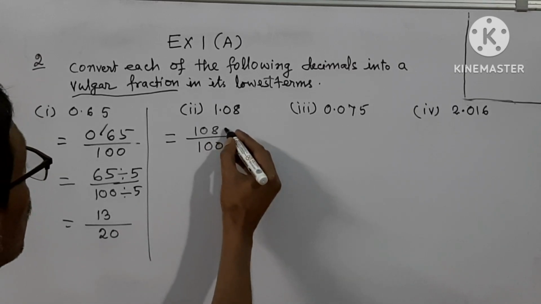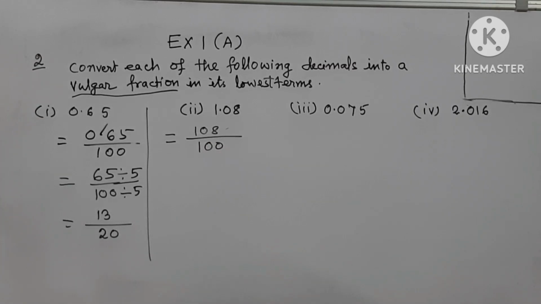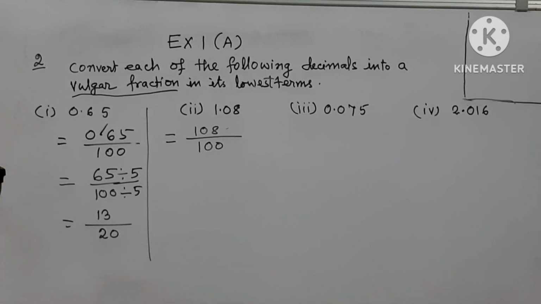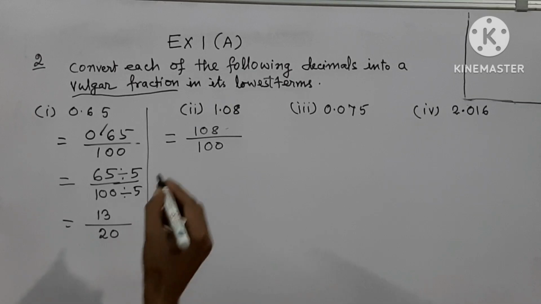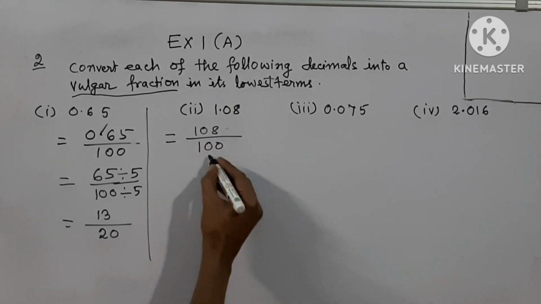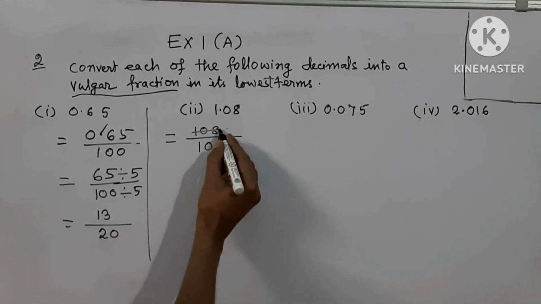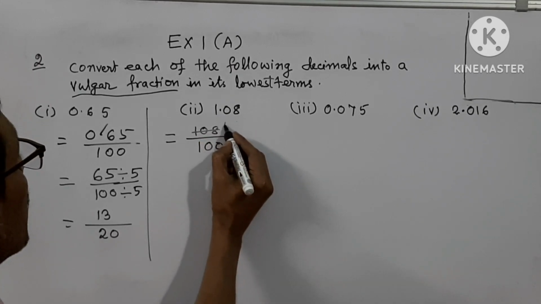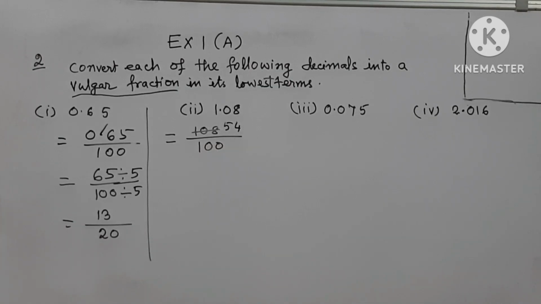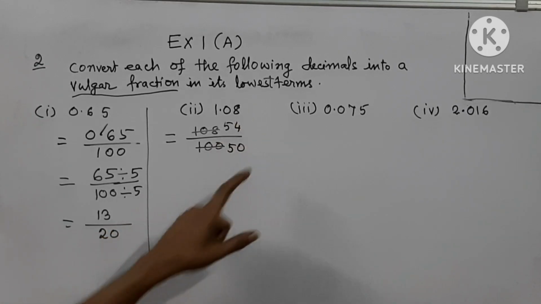So now what will be the common factors in 108 and 100? You can see both are even numbers, so by 2 you can divide both the places. So 5 2s are 10 and 4 2s are 8. So 54 by 50.